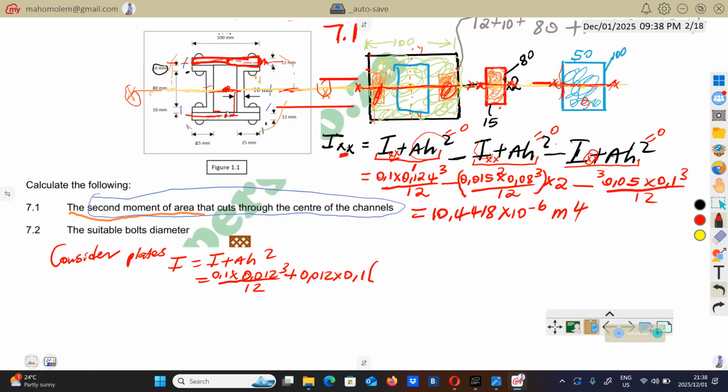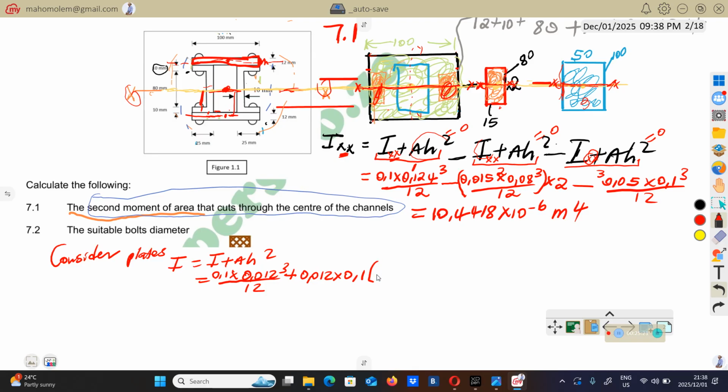From here to there is going to be 40, 80 divided by 2. 40 plus this one here, which is 10, which is 50 now. 50 plus this distance here, which is 6, then we're going to have 56.